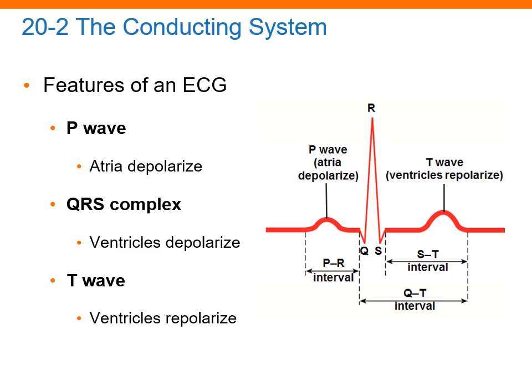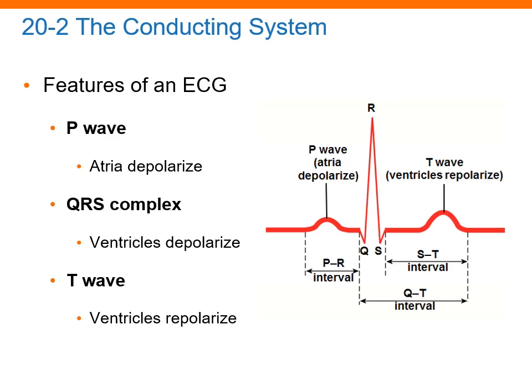That would create a voltage, or a current, I should say, and that would basically give you a wave. But what I want you to become familiar with is what the major ions are that are flowing at each step, and more importantly, in this case, what part of the heart is depolarizing or repolarizing at each point.